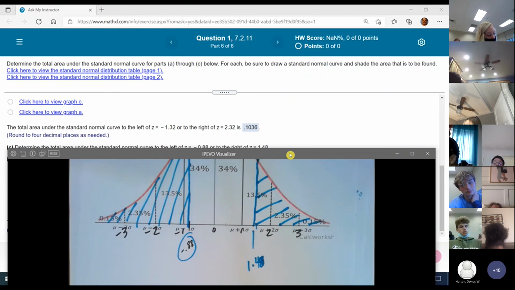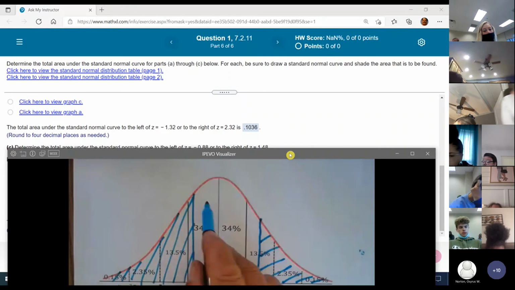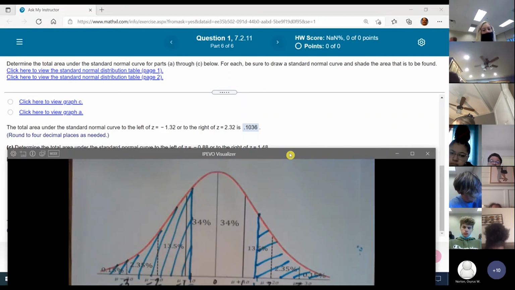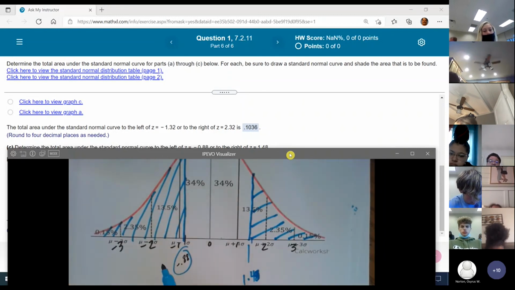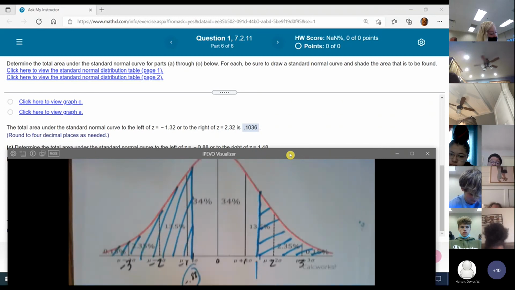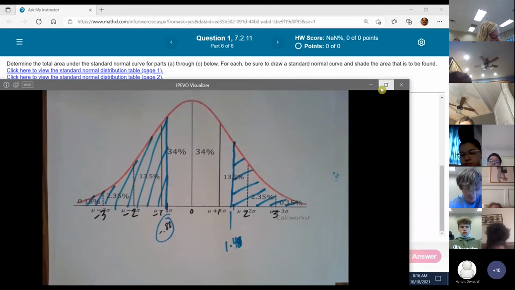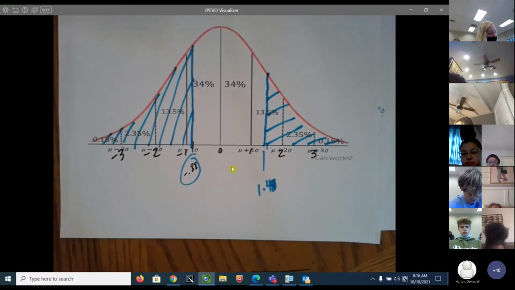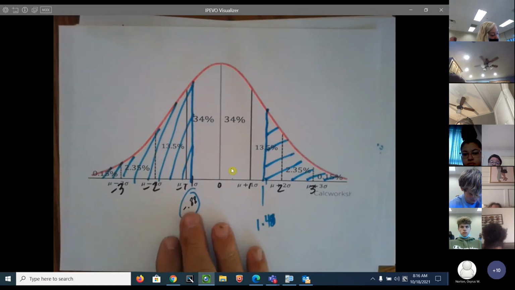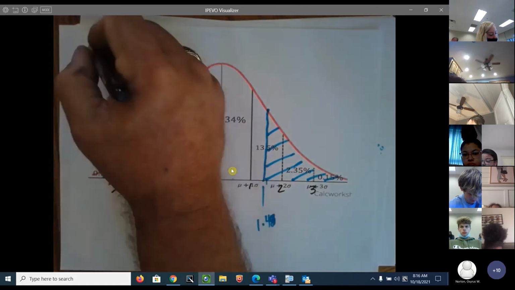Now you could do the complement here and just find this area right in here and subtract it from 1. You could do that. Go from negative 0.88 to 1.48 and subtract that from 1. You could do that. I'm just telling you. But now the empirical rule says, why do you keep using that empirical rule? Because the empirical rule tells you if you're in the right ballpark or not.